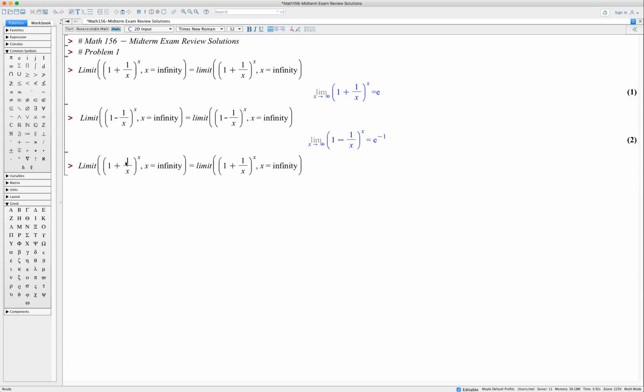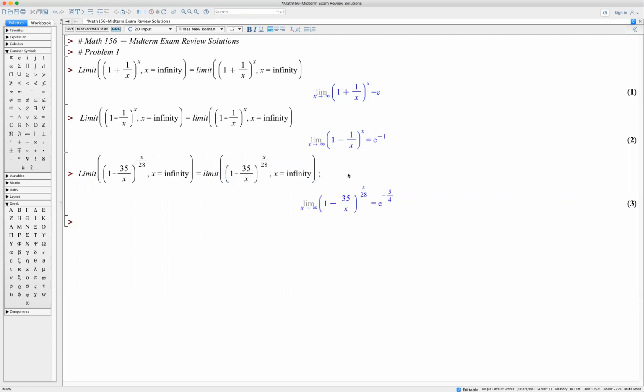And if we take the limit of (1 minus 35 over x) raised to the power x over 28, we get e to the minus 5/4. So in principle, you can do that just from knowing some calculus, but it's nice that Maple gives us the answer right away.